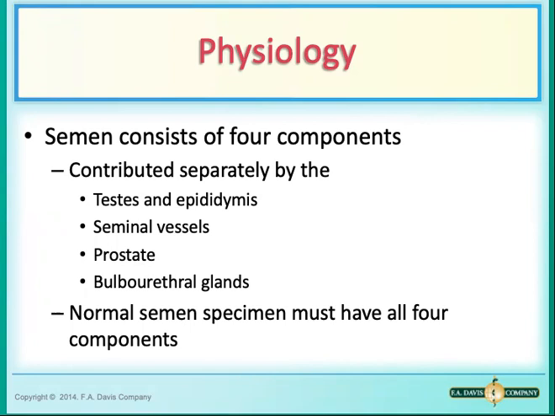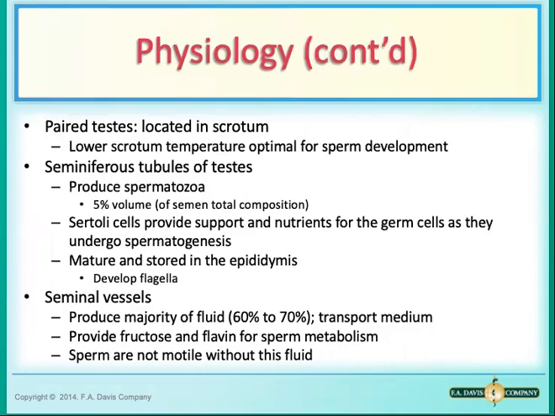Each of these fractions differs in its composition, of course, and the mixing of all of these fractions during ejaculation is very important for the production of a normal semen specimen. So we are going to further talk about every single one of these components.